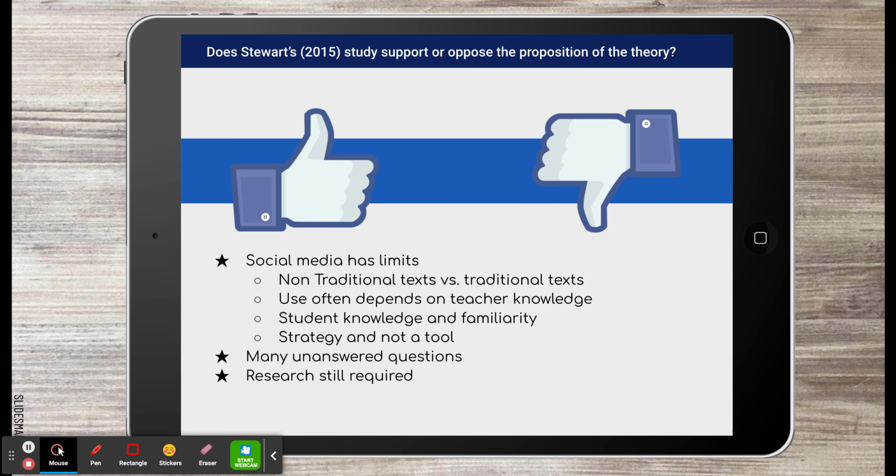And the other big thing is that learning is often dependent upon the teacher's knowledge of the media platform, not just the teacher's knowledge, but also the student's knowledge and them actually being familiar with social media. If a child has never been exposed to Facebook, they will never know about hashtags. They'll never know how to like a post.